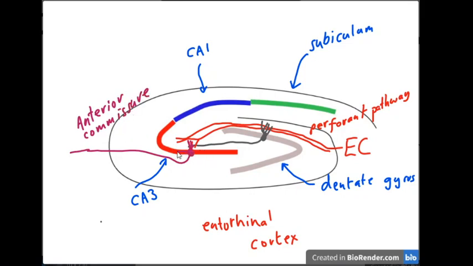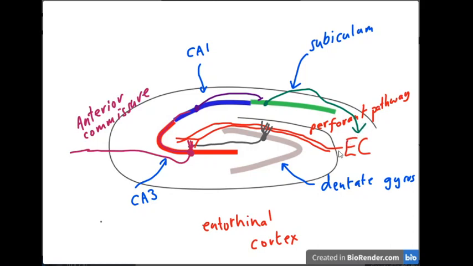But they also project along into CA1, where once again we have the next synapse. Let's have a much darker blue here. And they synapse onto neurons in the subiculum. And these neurons are the main output, which go back to the entorhinal cortex.